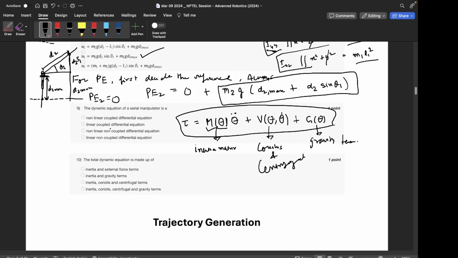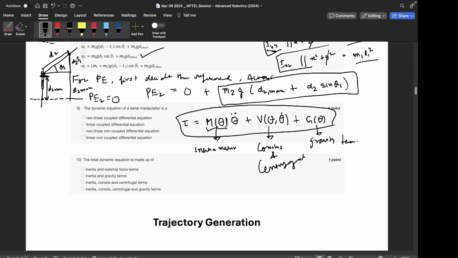Then the second layer of difference is whether it's coupled or non-coupled. Definitely it's coupled because you cannot separate out different joint variables out of these equations. You cannot write separate equations for each joint without any further simplifications, of course.